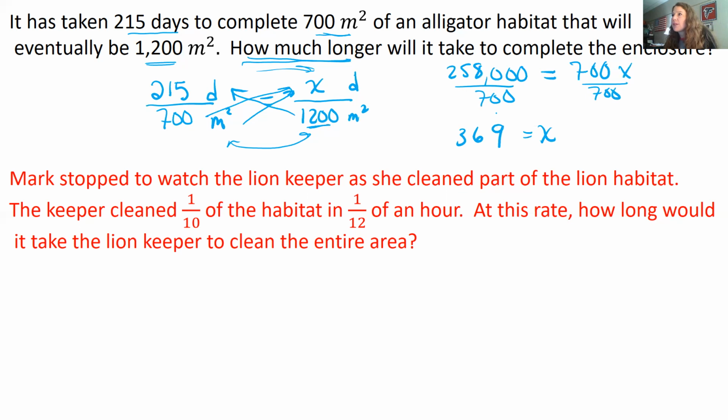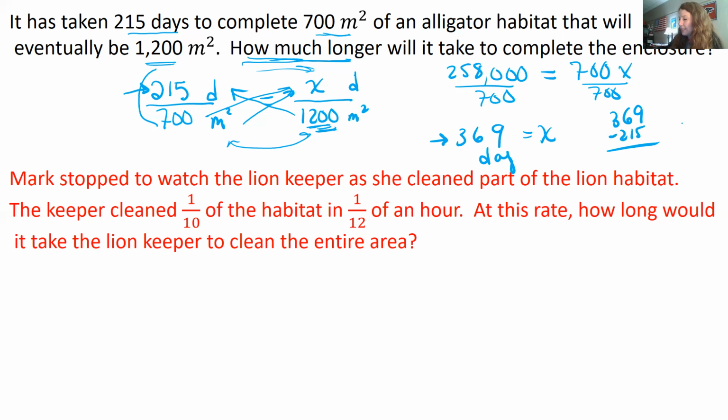Now, guys, you've got to be careful because that's not the final answer, how much longer. This is the total at this rate. If you take this rate and you finish the entire enclosure, it would take a total of 369 days. However, we've already worked 215 days, and that's why it says how much longer would it take. So the last thing I do is subtract 369 and 215.